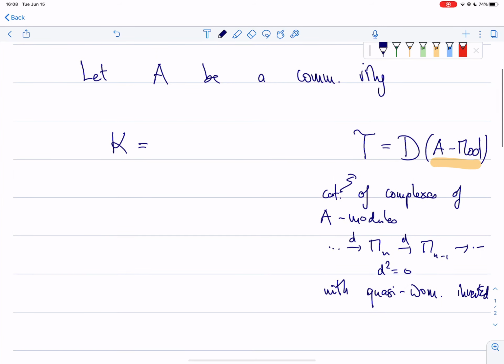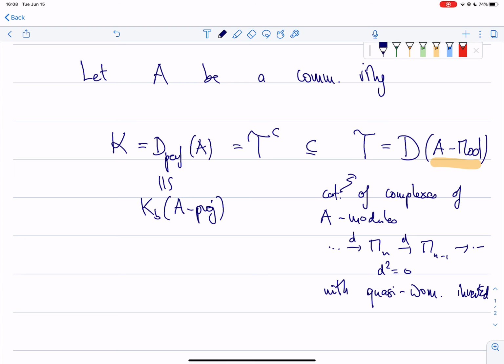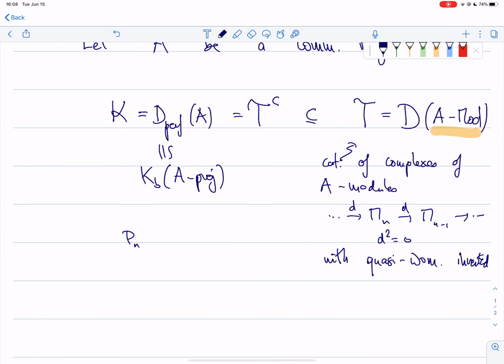Inside that you have what actually turns out, and the K will always be the compact part of the big T, which is the derived category of perfect complexes over A, which up to equivalence is just the bounded complexes, the b is for bounded, a bounded complex of finitely generated projective A modules. So you look at such complexes, but in each degree you have a finitely generated projective. And it's bounded, that is, far enough to the left and far enough to the right, you have zeros.